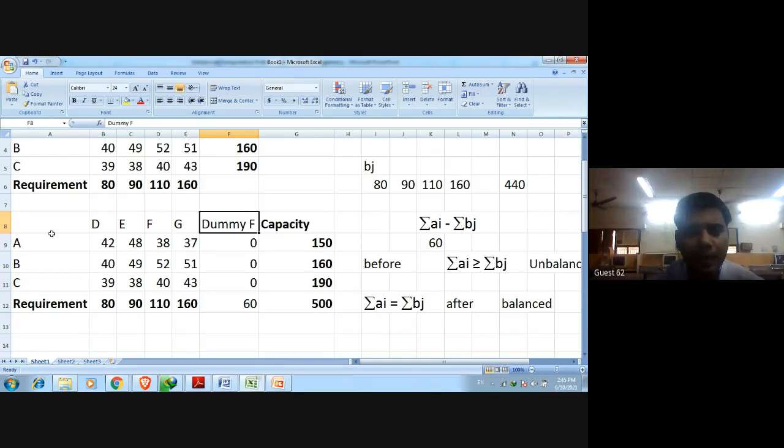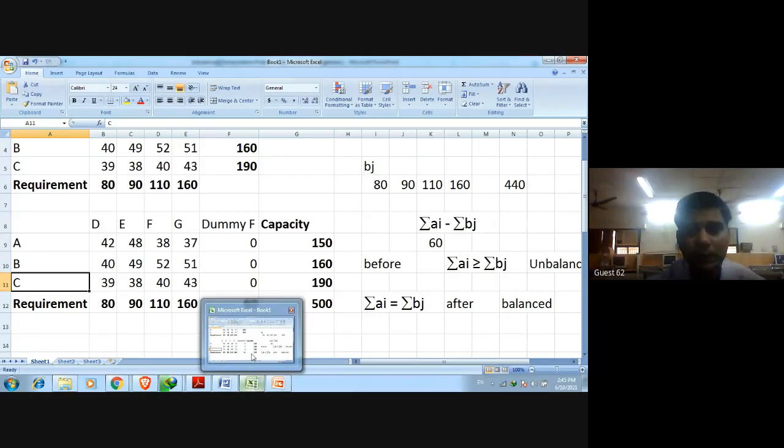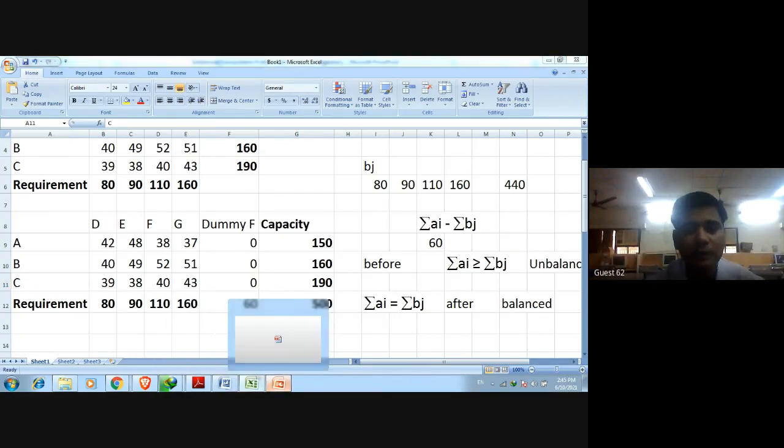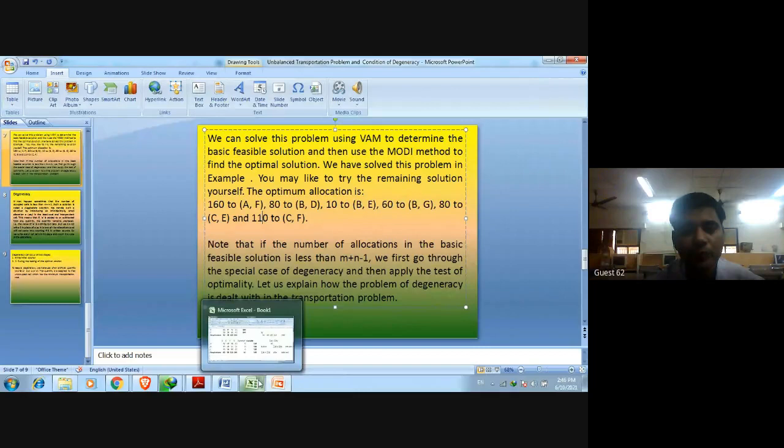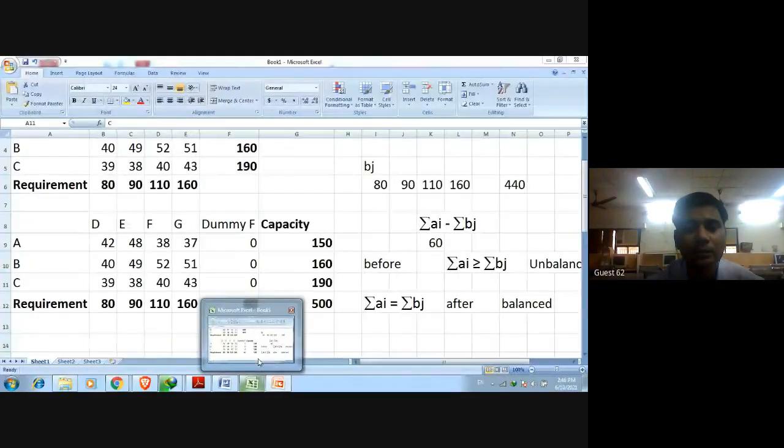And the number of rows: 1, 2, 3. 5 plus 3 is 8. 8 minus 1 equals 7. So how many allocations should be there? That is 7. Let us count how many allocations there are: 1, 2, 3, 4, 5 and 6. There are 6 allocations. So this problem has degeneracy.